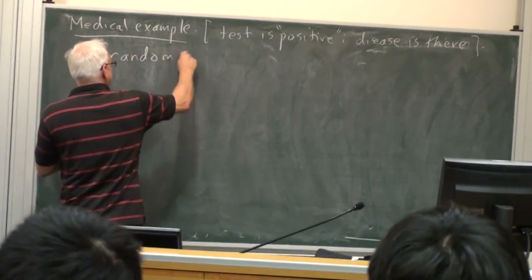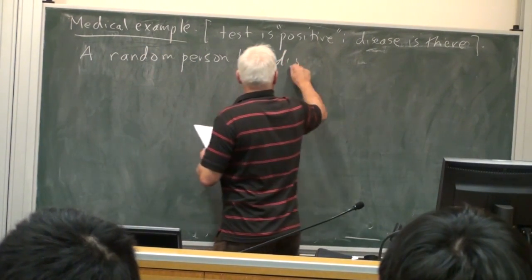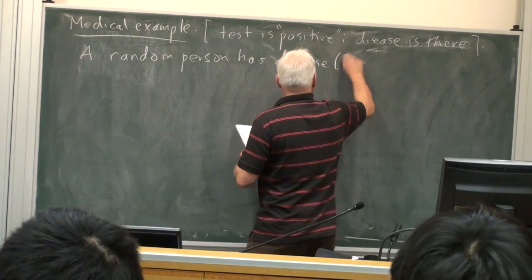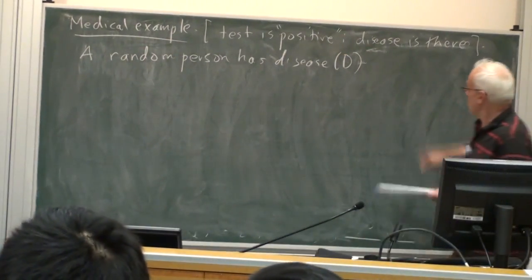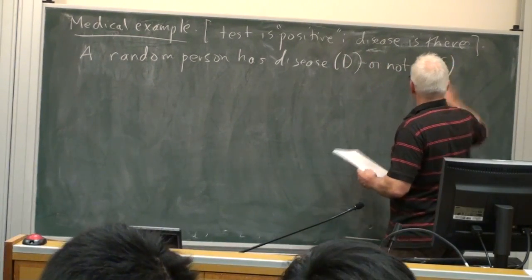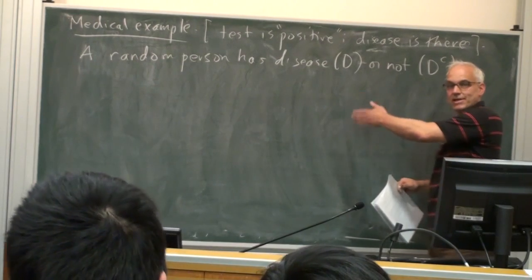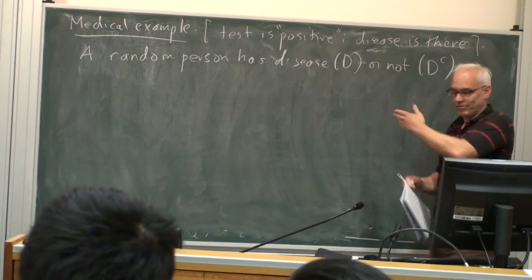So first of all, a random person has disease D. We don't really concern ourselves with what the disease is, just some disease. So he either has the disease or not, and we'll denote those two outcomes by D. D means you have the disease. D complement means you don't have the disease.